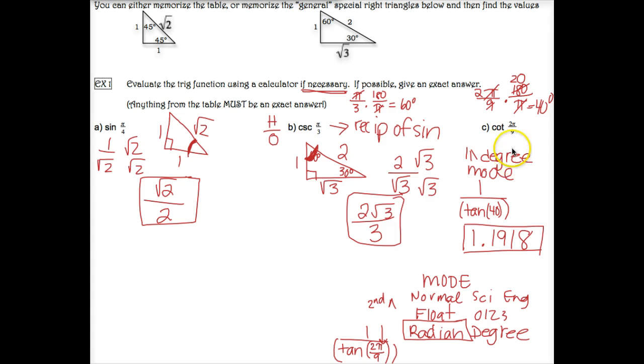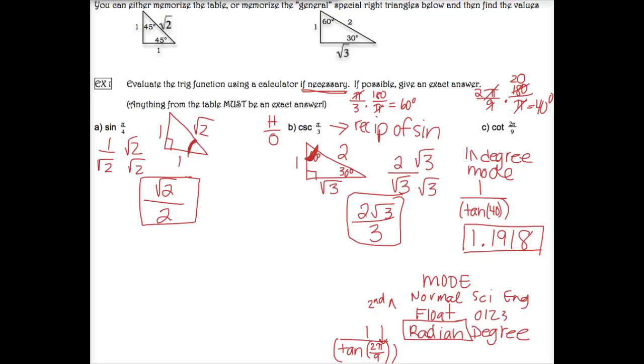So again, it's your choice. You can either do the work to convert to degrees each time, or you can make sure that you're going to keep on top of which mode your calculator is on and switch back and forth between the radians and the degrees. Also, little disclaimer for you here.